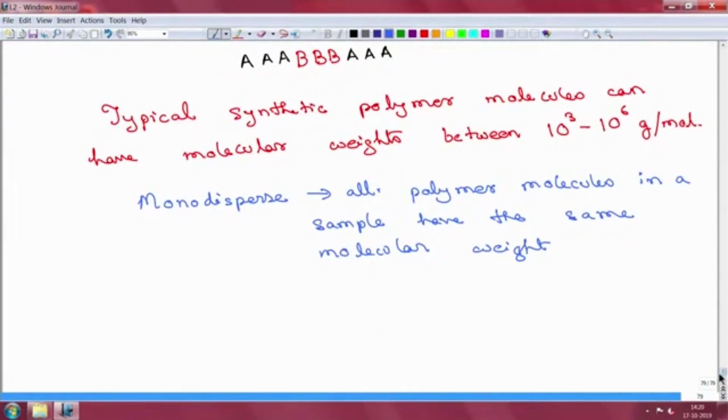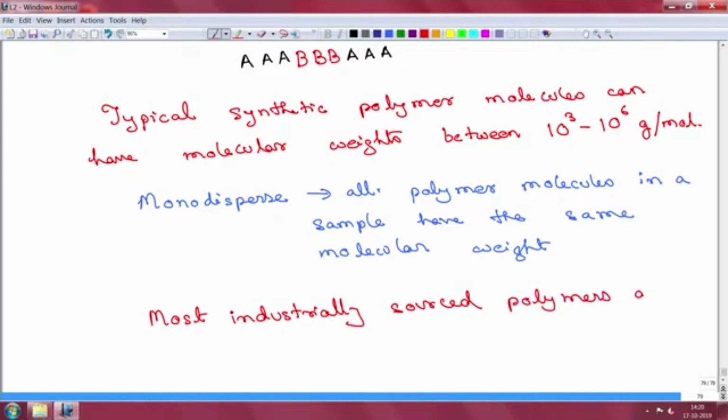So, obviously, the contrasting word would be polydisperse, but most industrially sourced polymers are polydisperse.